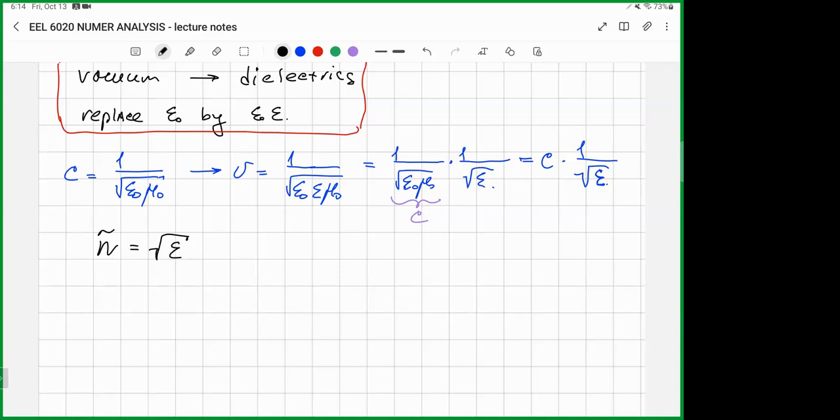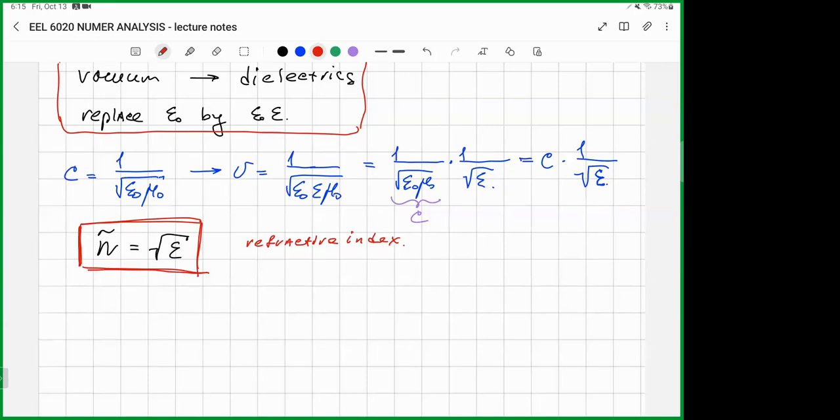So this is known as refractive index. Refractive index describes how much the wave in dielectric slows down compared to the free space. Okay.